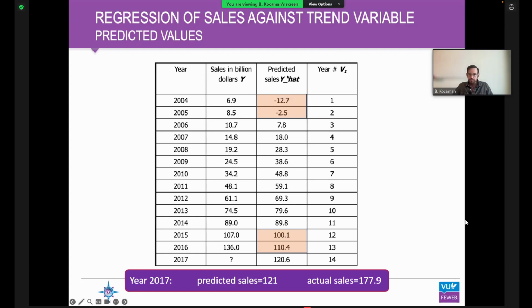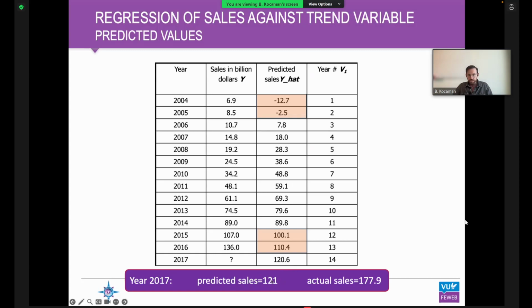And for each of them, we see negative sales at the beginning and then very high sales towards the end. And our final prediction for the year that we don't observe is 120.6.